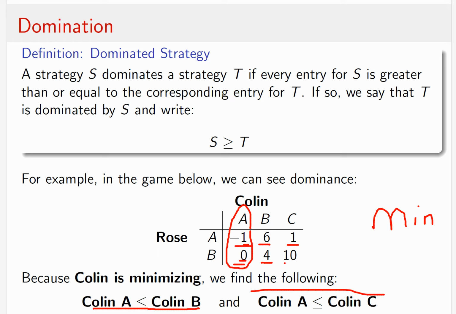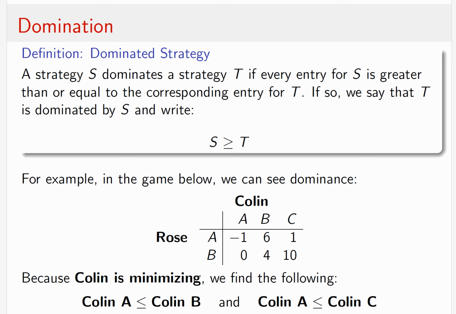And by the way, when this is the case, right, remember the rational play principle, right? Colin knows that these are dominated. So we can kind of just get rid of them. Why? Because he'll never play them, right? There's no point in having them in the game if Colin will never play them. So the rational play principle allows us to reduce by dominance.